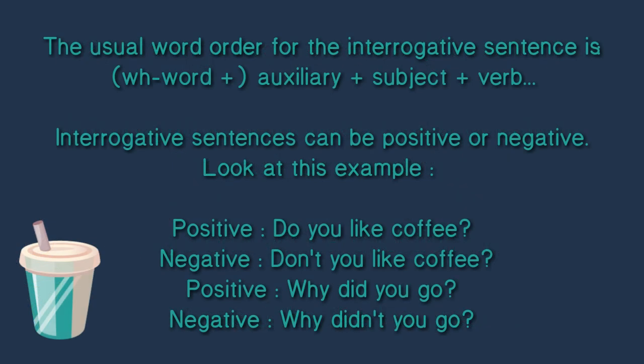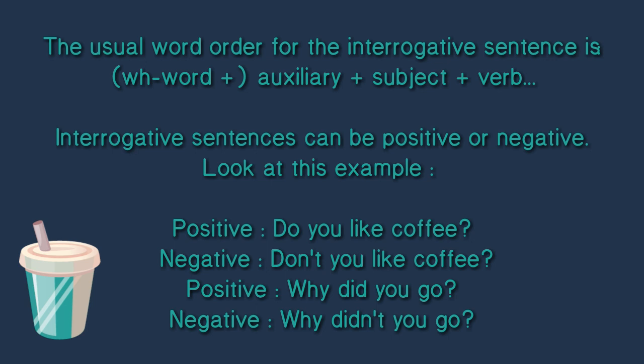The usual word order for the interrogative sentence, or the usual word order for a question, is WH word, that means WH question word, or auxiliary verb, plus subject plus verb and it goes on. Okay, so either WH question word and auxiliary, or auxiliary plus subject plus verb. That's how the word order should be for an interrogative sentence.